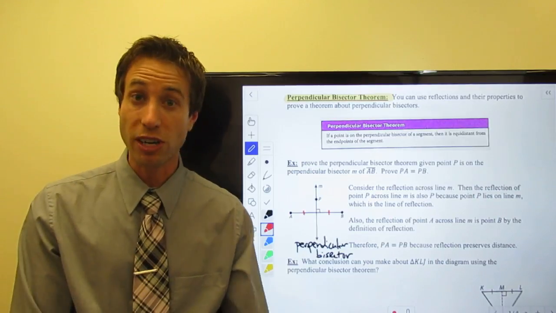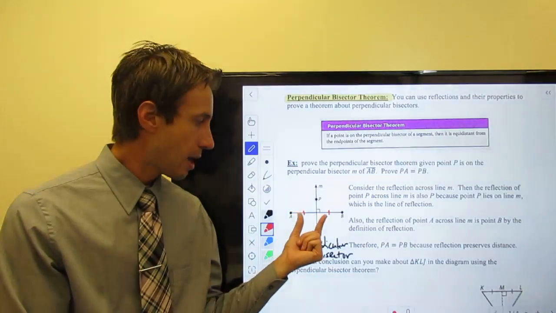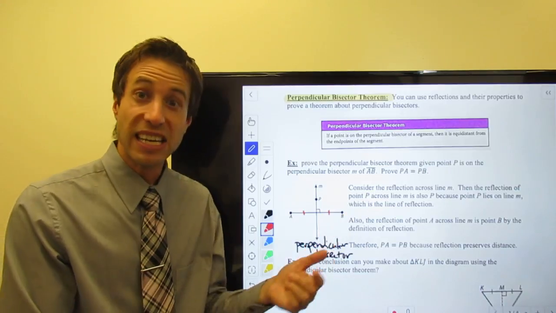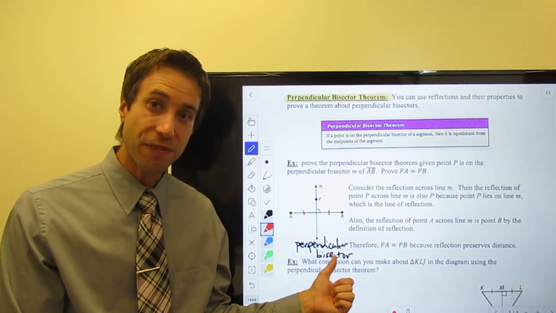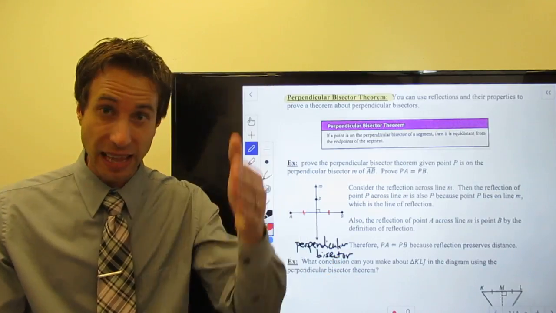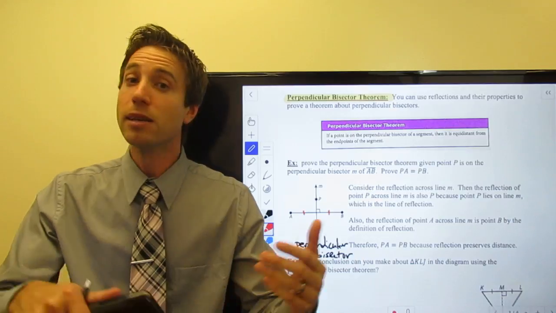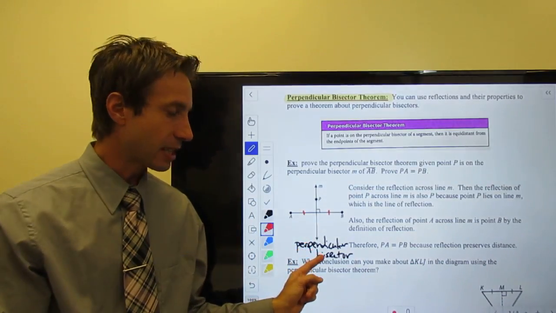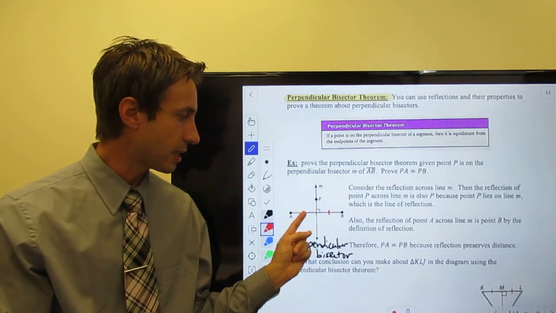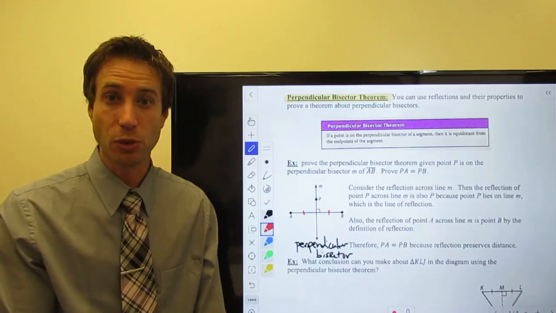What do those hash marks tell you? They tell you that this distance and this distance are the same. They're congruent, they're equal. That's our definition of a bisector. If you have a line that splits a segment into two equal pieces, then it's a bisector. So line M is a perpendicular bisector because it splits the segment into two equal pieces and it's perpendicular. It forms a right angle.